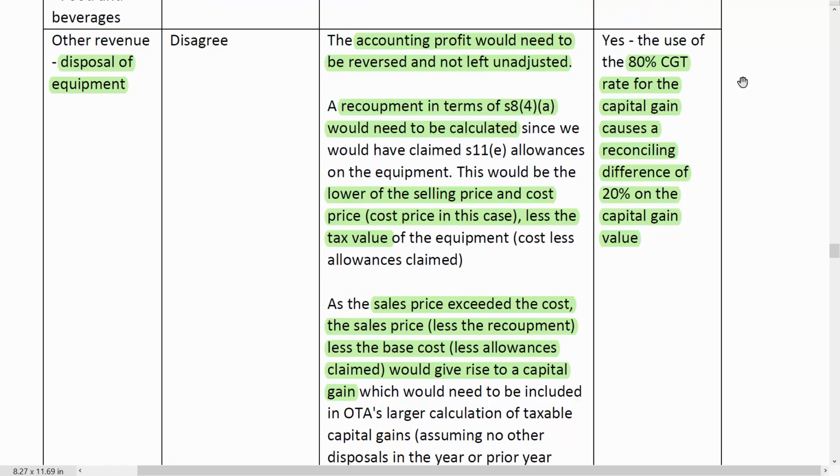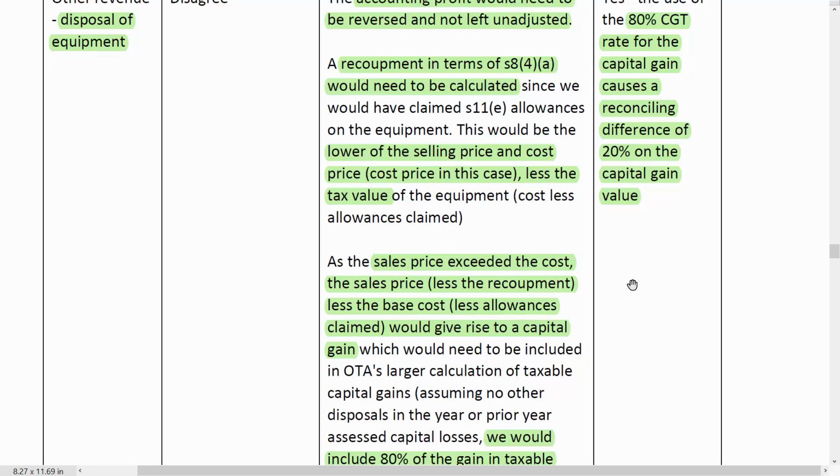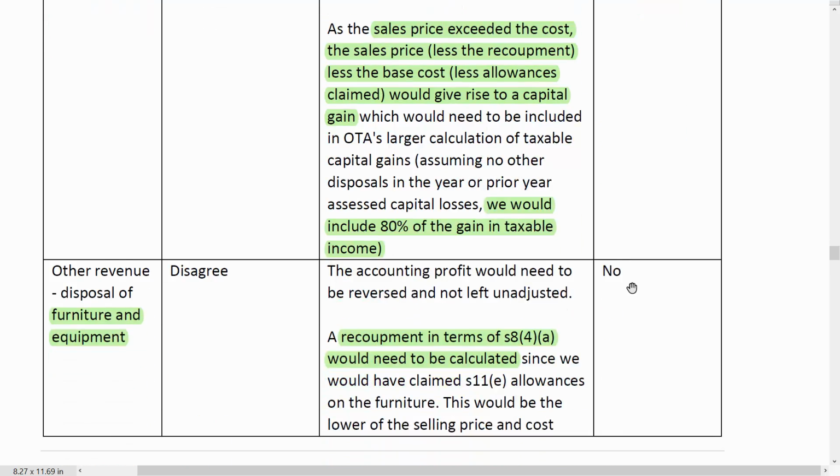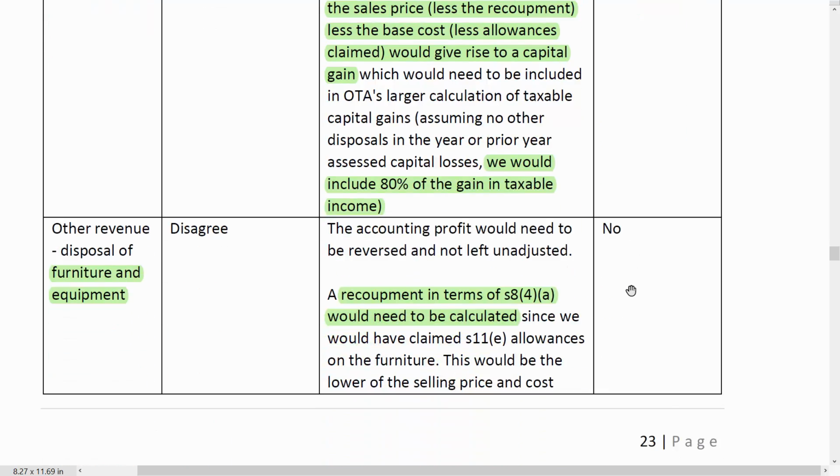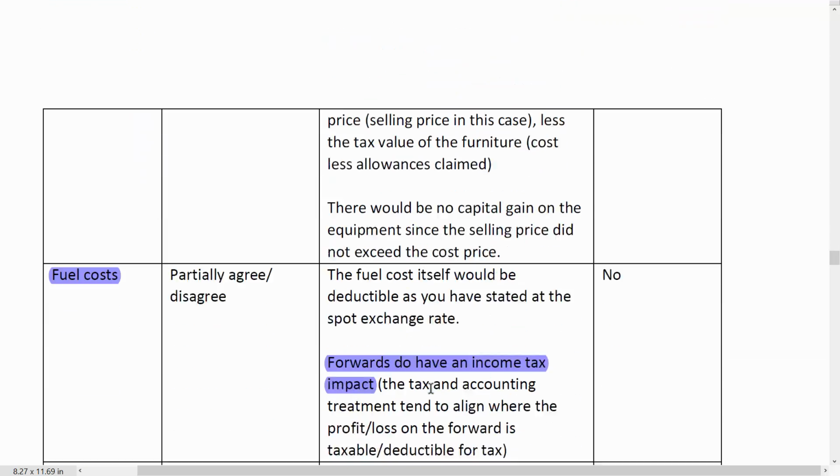That 80% inclusion has an impact then on the tax rate recon, and the candidate identifies that 20%, which is not taxable for CGT purposes, would be a reconciling item on our tax rate recon. Then, on the other revenue, the candidate identifies, well, the consideration needs to be given to the recoupment in that particular case.